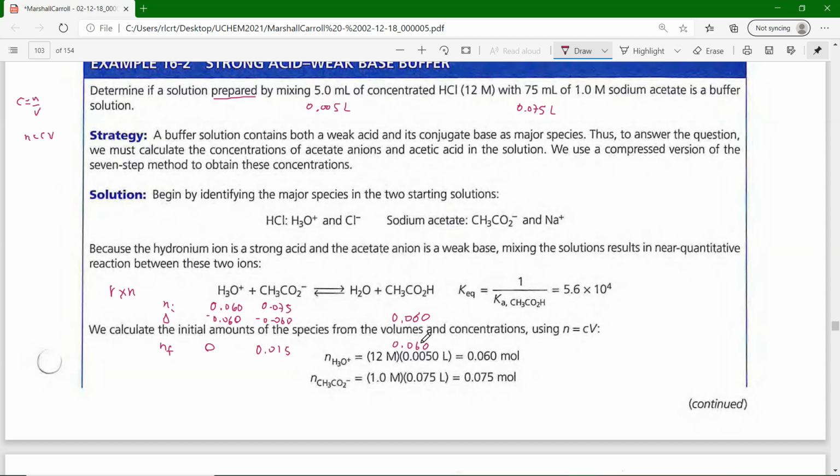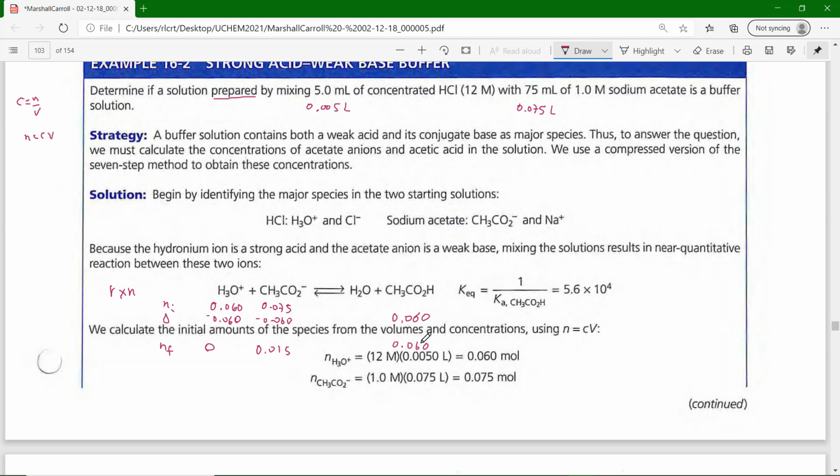So the answer is yes, I really do get a buffer system by pouring a strong acid into a basic salt. We aren't separately pouring in acetic acid and mixing in sodium acetate. Here's a second method of creating this buffer by partially neutralizing the sodium acetate system with a strong acid.